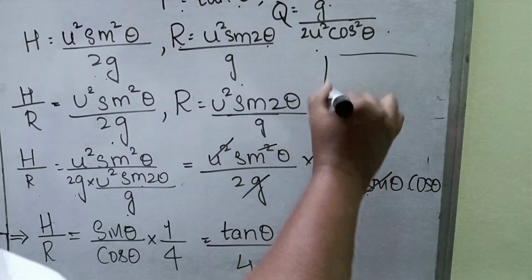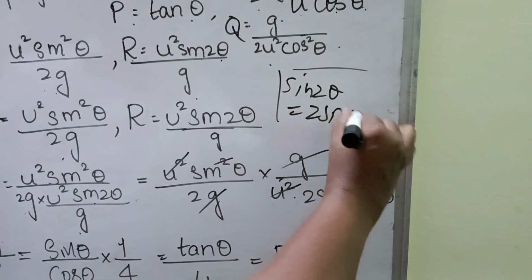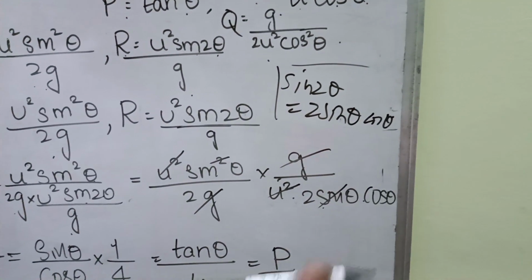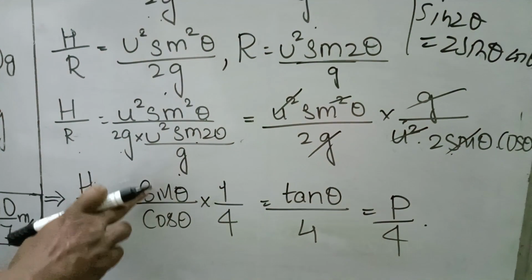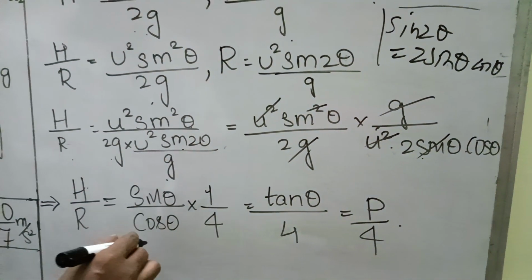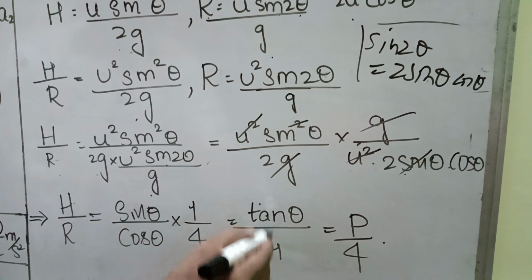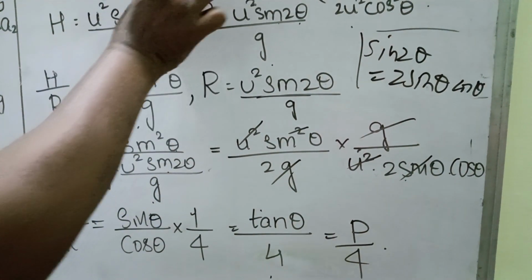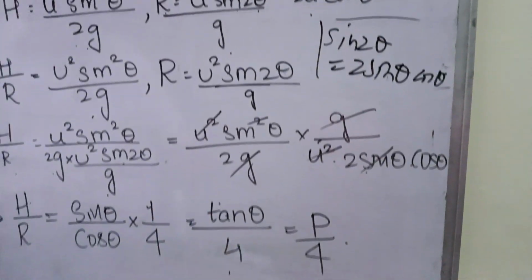So again sin gets cancelled, we get h by r is equal to sin theta by cos theta into 1 by 4. But you know that sin theta by cos theta is equal to tan theta, so it is tan theta by 4, but tan theta is equal to p, therefore the answer is p by 4.